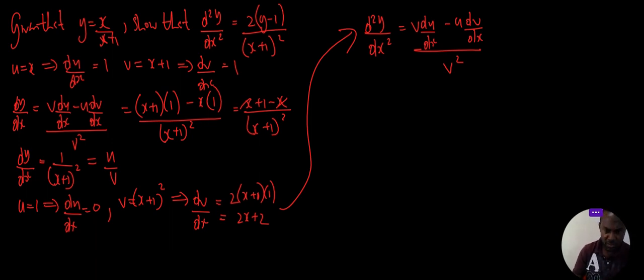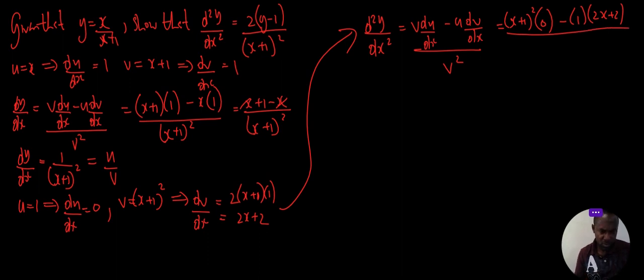So v is of course x plus 1 squared, and du by dx of course is equal to 0. Then minus u, which is 1, times dv by dx, which is 2x plus 2. And this is all over v squared. Now v is equal to x plus 1 squared, which therefore means that v squared is equal to x plus 1 to the 4th. So we can try to simplify that and see what we get.